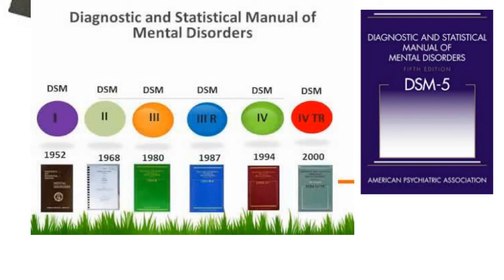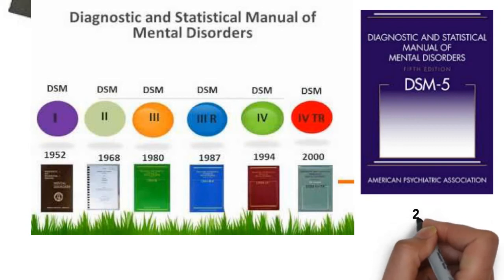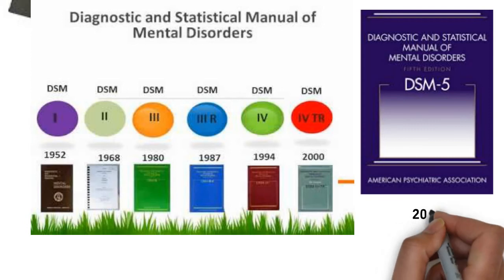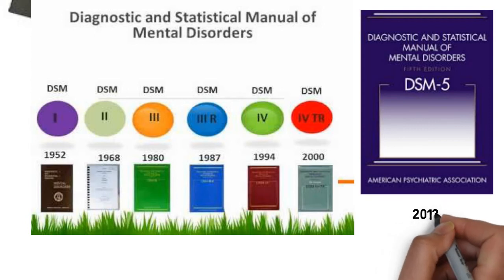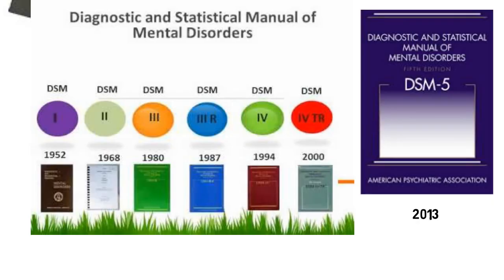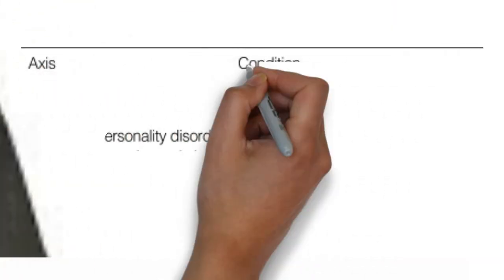So when we get to the DSM-3 and the DSM-4 and now the DSM-5, these clusters of symptoms really kind of define what is going on with the person. Now, in the DSM-3 and the DSM-4, what you had was a 5-axis system where you looked at 5 different areas of life and functioning in order to give a diagnosis.